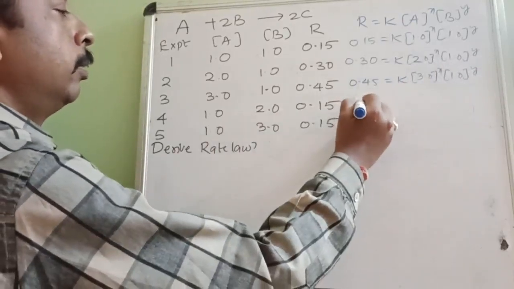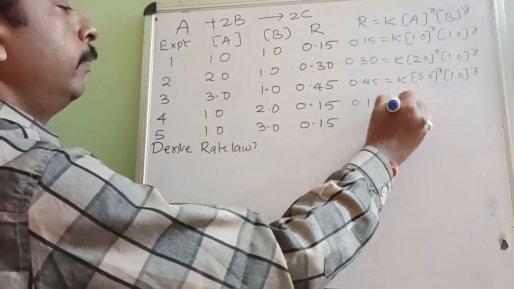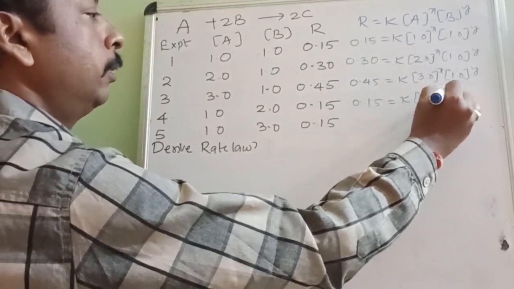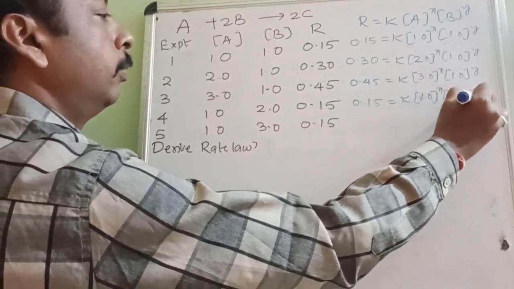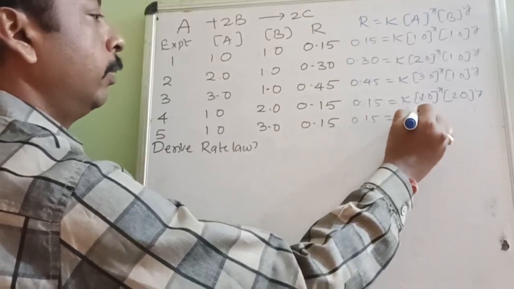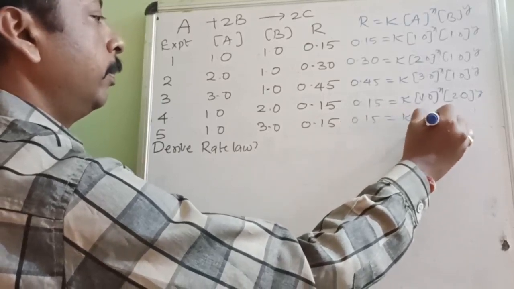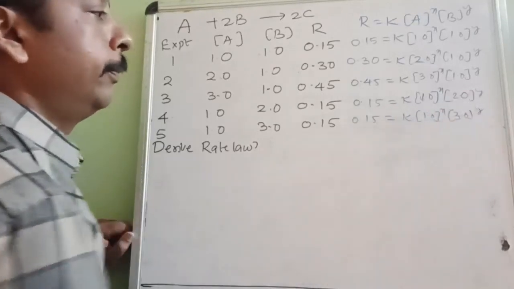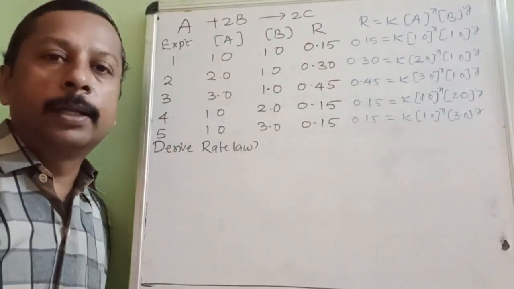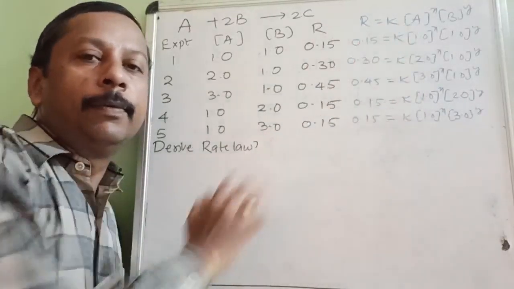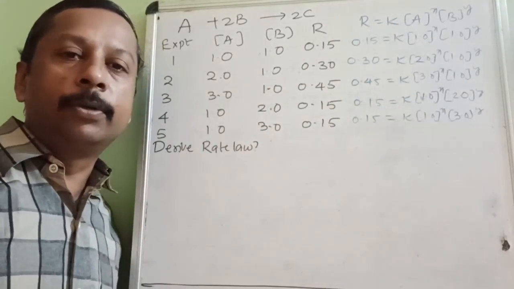And here it is 0.15 is equal to k into 1.0 to the power of x, 2.0 to the power of y, and 0.15 is equal to k into 1.0 to the power of x, 3.0 to the power of y. Okay, so whatever experiments are there, I have made an equation and accordingly substituted.